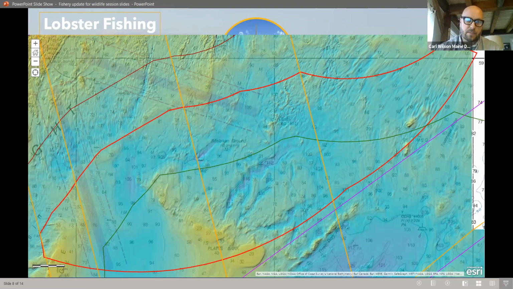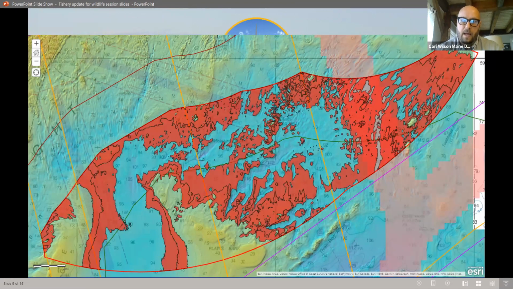And so generally speaking, if you add bathymetry to our understanding of what the lobster fishery is doing, anything in red or yellow is probably going to be fished quite extensively by the Maine lobster fishery.